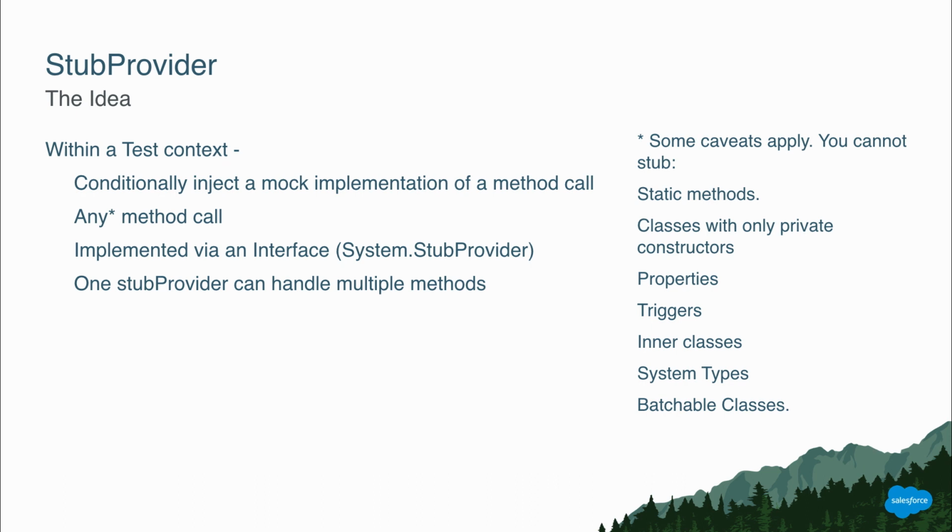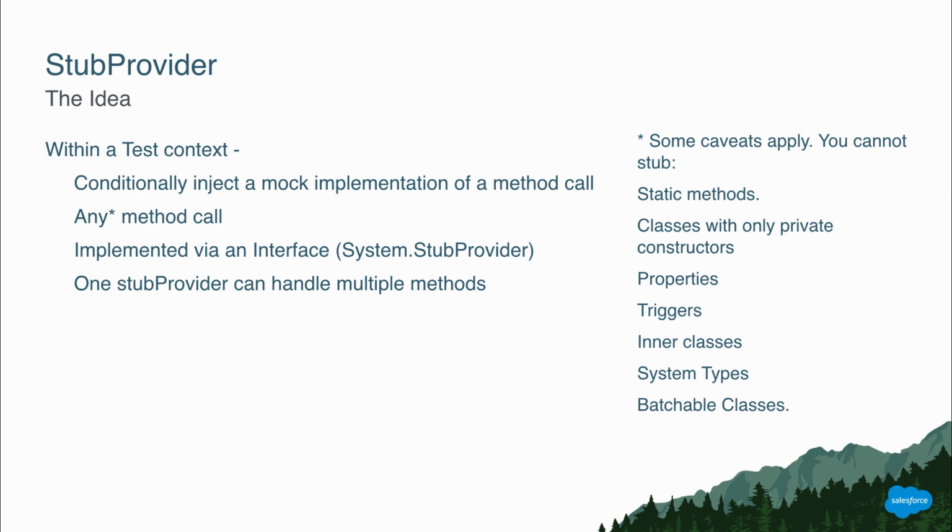You can't mock a class that only has private constructors. You can't do properties. You can't do triggers. These are things you cannot mock. But anything beyond those you can mock, which is pretty much anything you're writing, right? So some of the system things you can't mock, but most of the stuff that you're going to be writing you can mock just fine, okay?